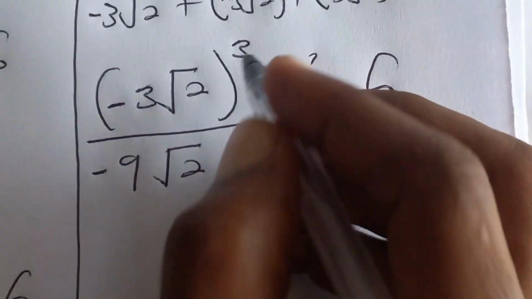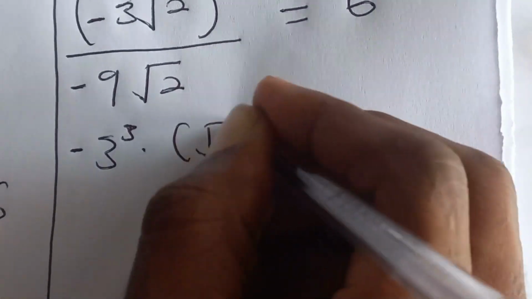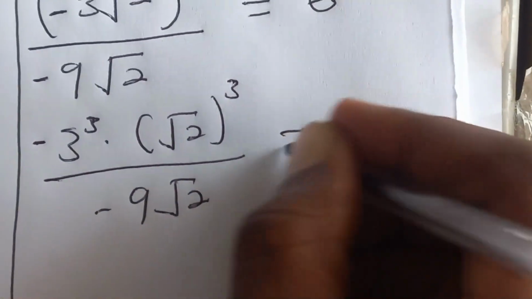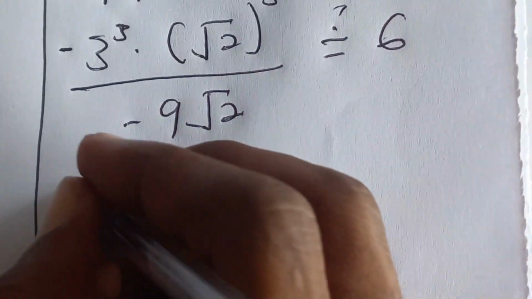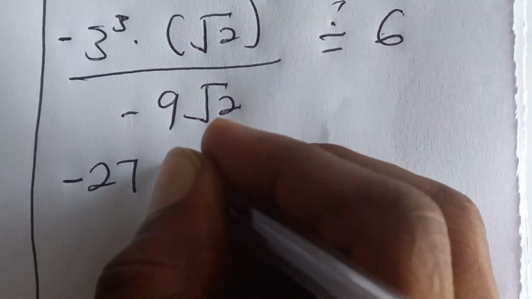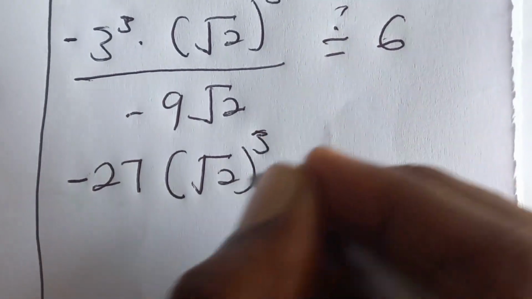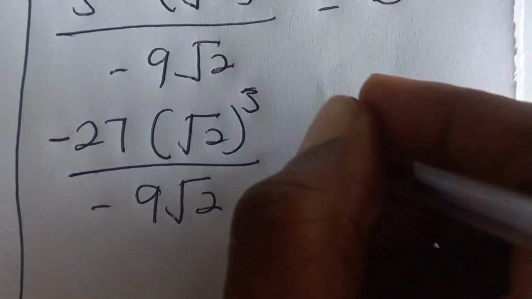Now we can say that negative 3 exponent 3 multiplying by root 2 exponent 3 on negative 9 root 2 should be equal to 6. So now this one will give us negative 27 into bracket root of 2 exponent 3 on negative 9 root 2.